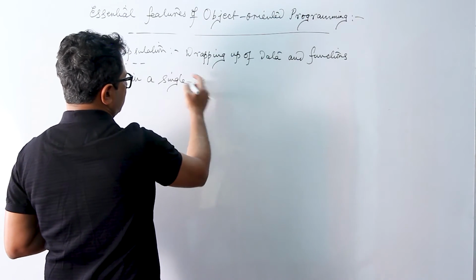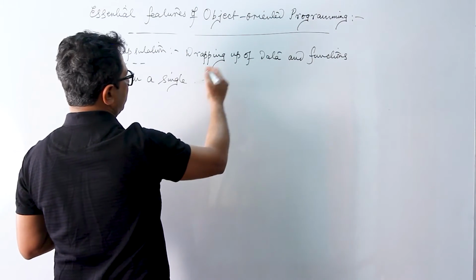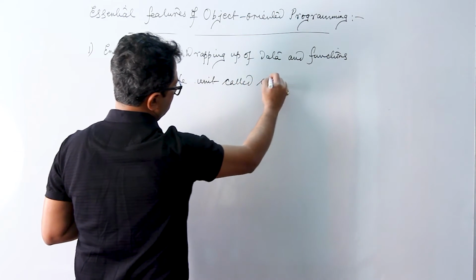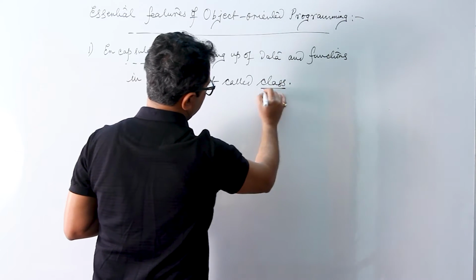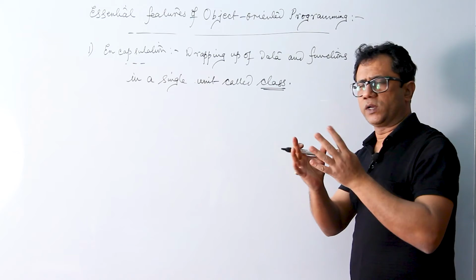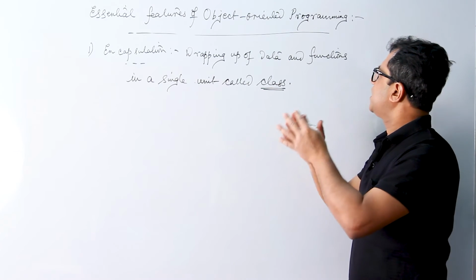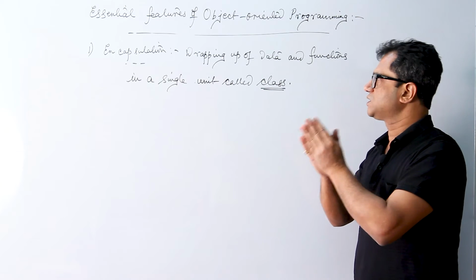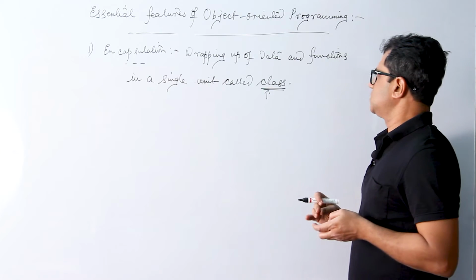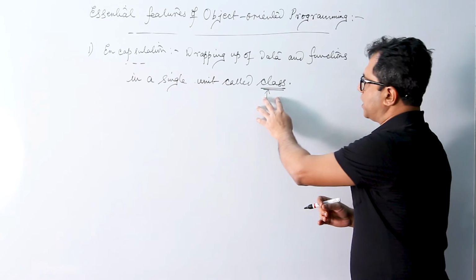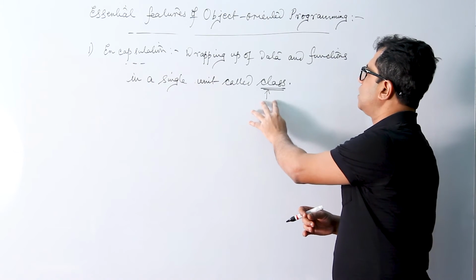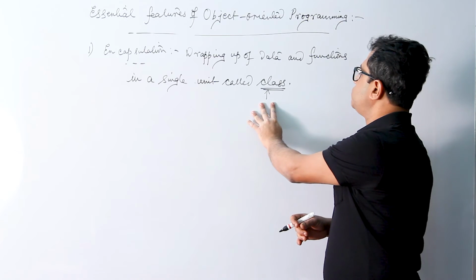This is the classical definition of encapsulation: wrapping up of data and functions in a single unit called a class. That is, we encapsulate, we encase, we wrap the data and functions all into the same unit, and that basic single unit is the class. And all other examples or instances created from this class are called the class variables or objects.